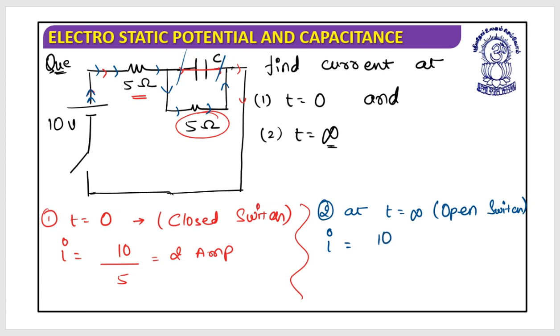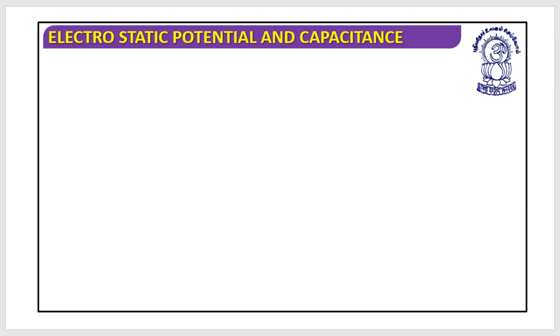This is I equals 10 divided by 5 plus 5, so this equals 10 by 10, which will be 1 ampere current. I hope these things are clear. Is it clear? Yes. So can you do this? Great. Now let's move to the next concept.